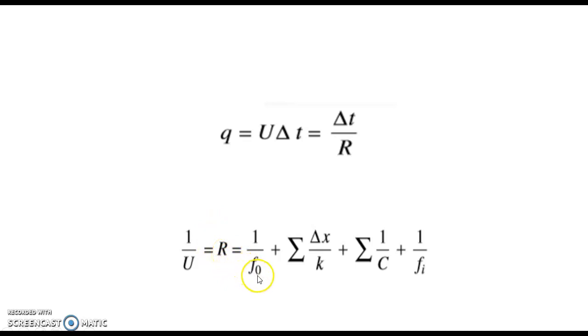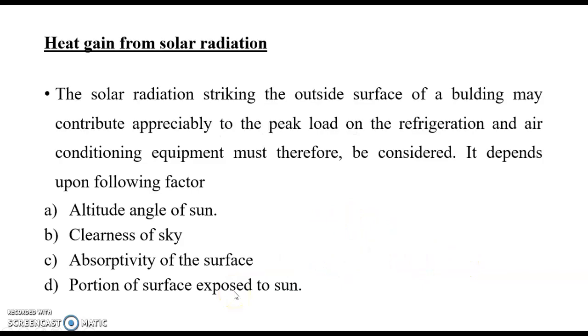This is the formula: f0, heat transfer coefficient of the outer surface, fi, heat transfer coefficient of the inner surface, and the conduction resistance. The heat gained from solar radiation, that means irradiation. The solar radiation striking the outside surface of a building may contribute appreciably to the peak load on the refrigeration and air conditioning equipment.